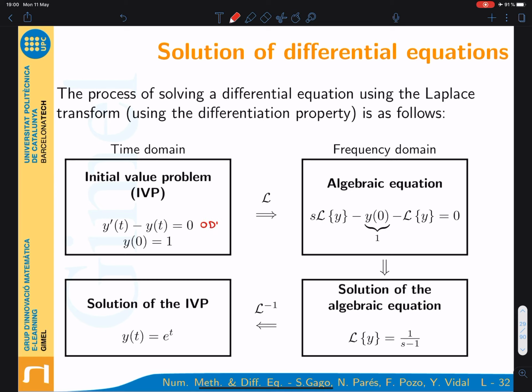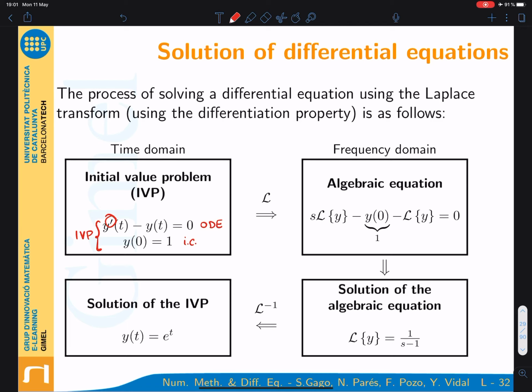This is the ODE. It is a first order ODE. That's why we only have one initial condition. The ODE plus the initial condition is what we call an initial value problem.